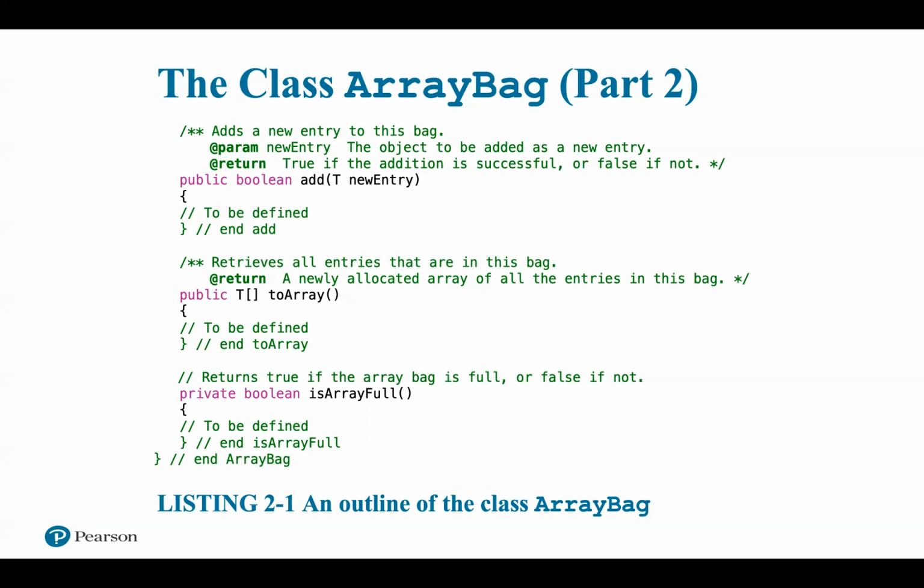If the bag contains 1 entry, an additional entry would be assigned to bag position 1. So after each addition to the bag, we increase the counter numberOfEntries. These steps are illustrated in the figure, and we'll get to that shortly in the next slide, and are accomplished by the definition of the method that follows the figure.